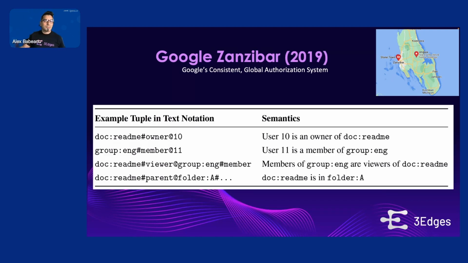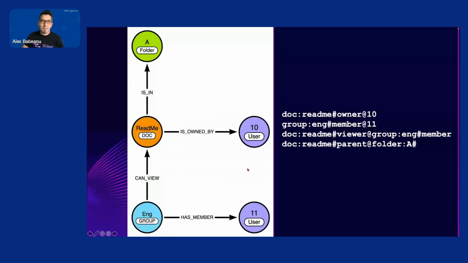Anyway, using Google Zanzibar, here's an example. On the left here, you have some tuples and what they mean. For example, user number 10 is an owner of a doc called README. User number 11 is a member of group engineering. Members of group engineering are viewers of doc README, and doc README is in folder A. As I mentioned, you can express this as a graph, and here it is.